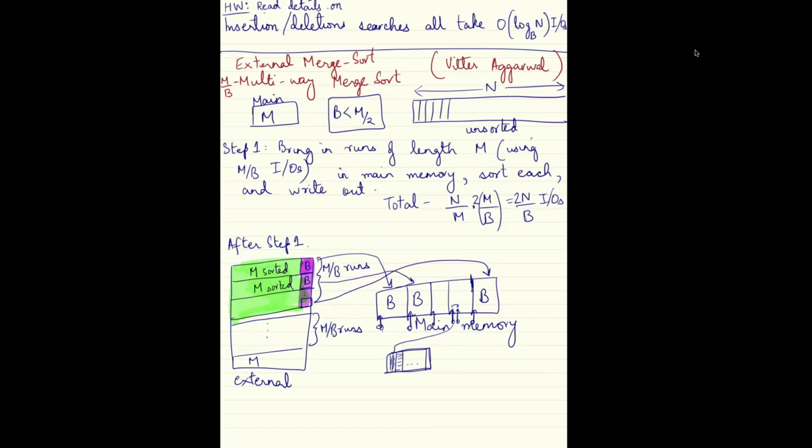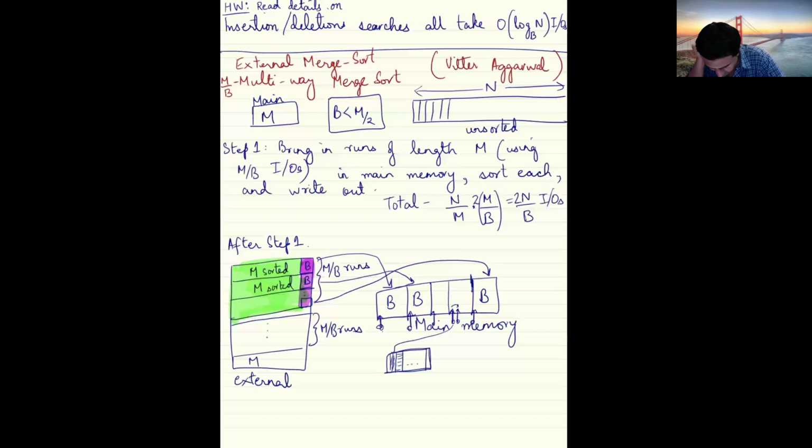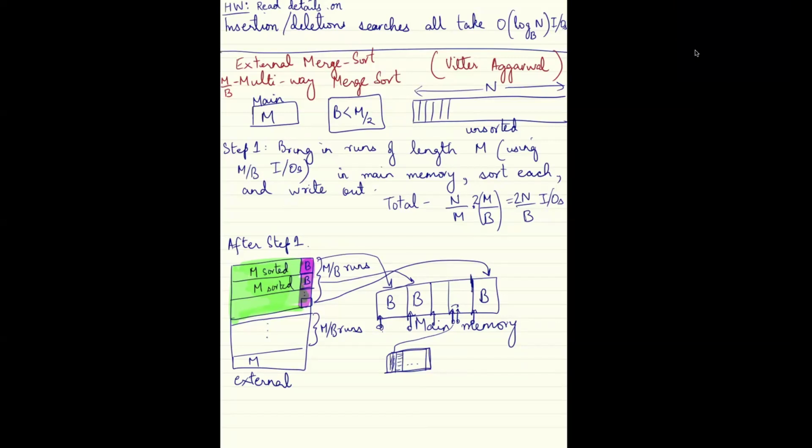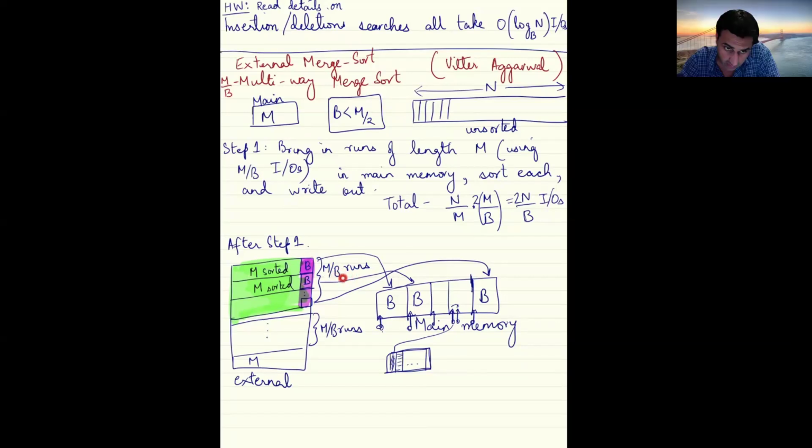Tell me the first step of this merging procedure. You bring in the first blocks of M over B runs. A run here is a row, basically, one of the sorted chunks of size n. That's what I mean by a run.